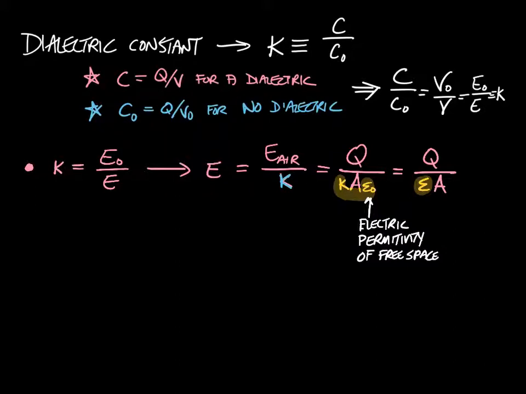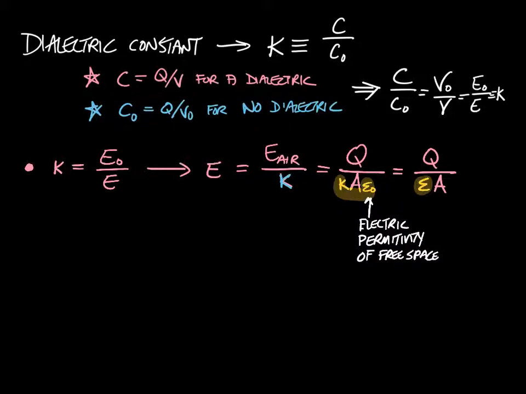That's the ability of space to tolerate an electric field. Or at least that's an oversimplification of it. It's really space's quote unquote capacity to have electric fields in it. This is the way that we quantify how space lets charges do their thing, okay?